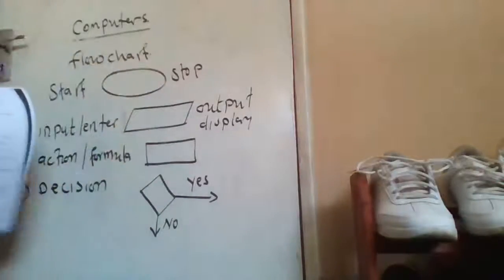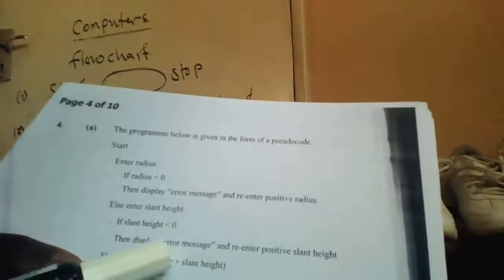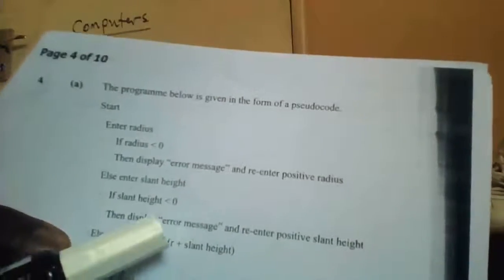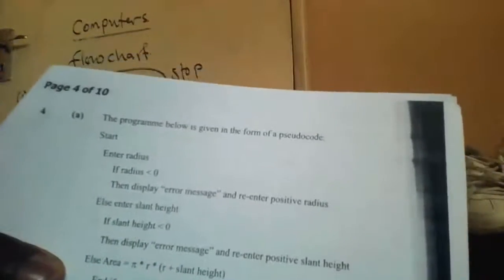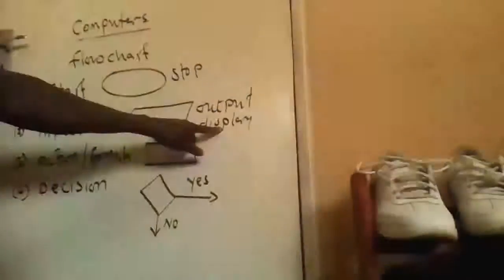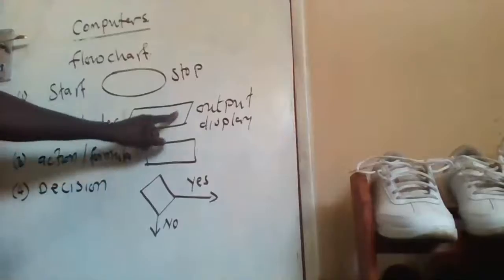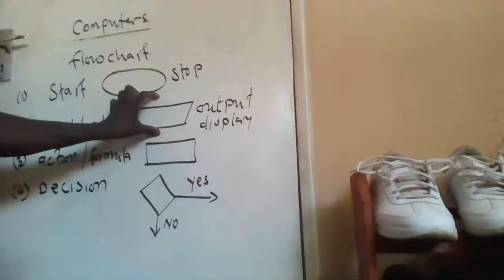Look at this question here. Display an error message. So they'll say display, what are you displaying? Error message. So the error message is put in inverted commas to indicate that that is what will be displayed. So you write here, display error message, or if not, you can just write error message because this is a display shape.